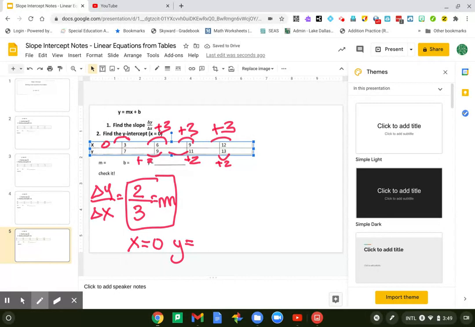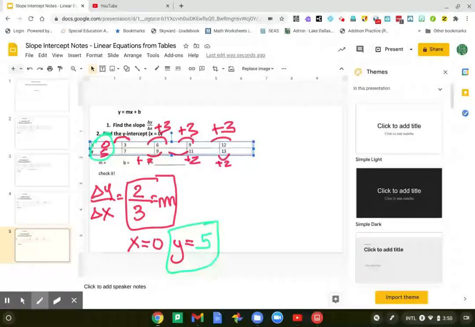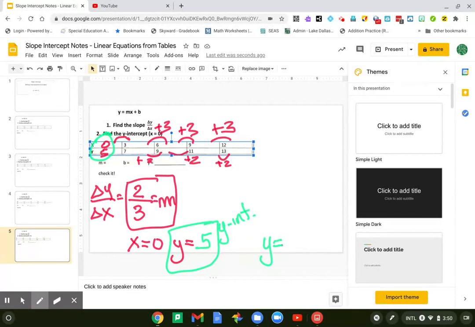And this is increasing by 2, so that has to be a 5. 7 minus 2 is 5. There is where my x is 0, so my y has to be 5, which is my y-intercept. So my equation is y equals 2/3 x plus 5.